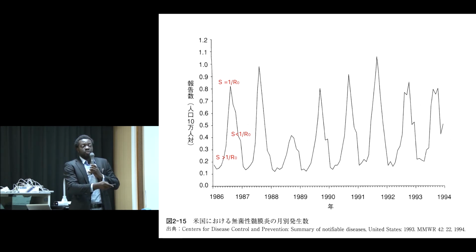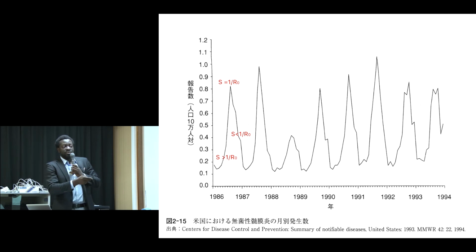Here, the proportion of susceptible is more than 1 over R naught, which is why the number is increasing. It reaches the point where the proportion of susceptible becomes equal to 1 over R naught, and the infection cannot increase anymore. Then when it becomes less than 1 over R naught, the infection goes down. We don't have many susceptible, and the infection drops.